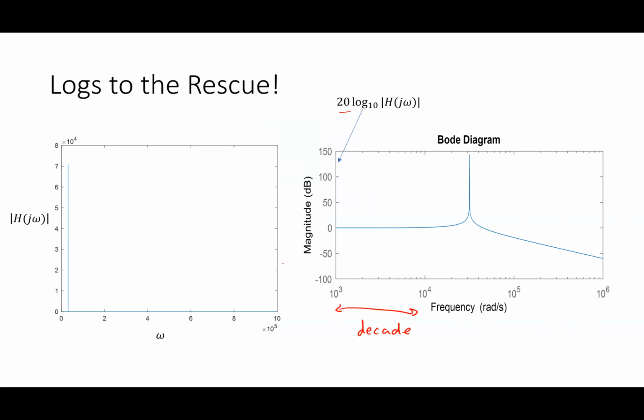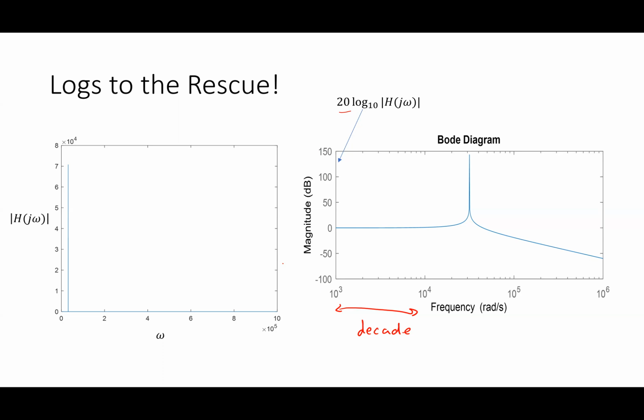Where's 2 pi times 100,000? Where should it be, roughly? What is 2 pi times 100,000? It's about 628,000.